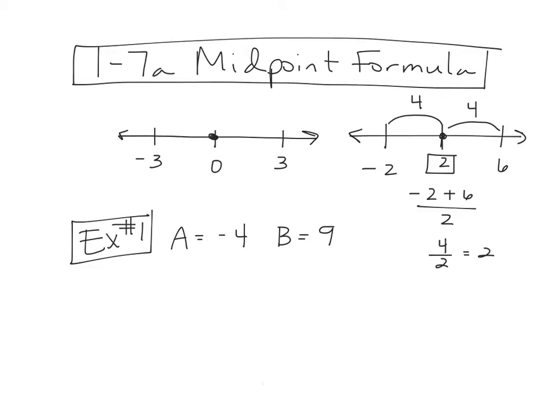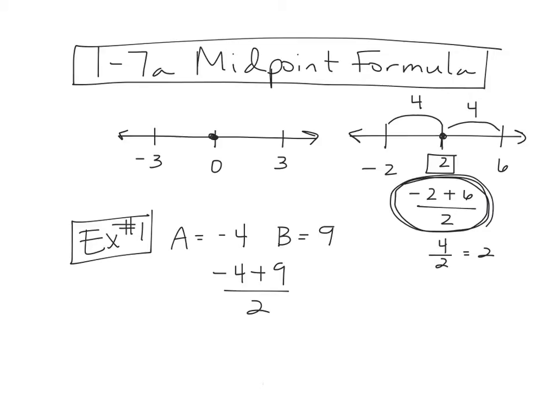If you have -4 and +9. Add, subtract, multiply, divide, what are we doing? We are going to divide, but what do we have to do first? This process here, right? We're going to add them together and then divide by what? 2.